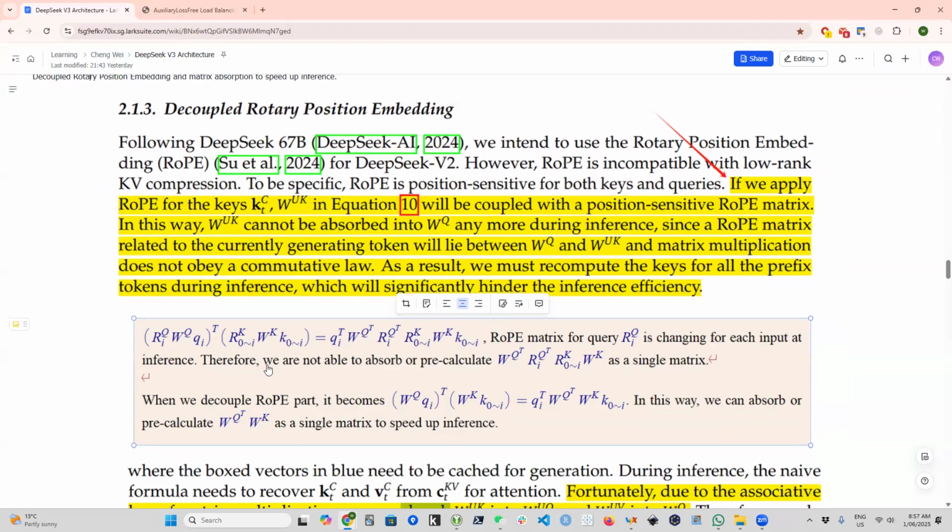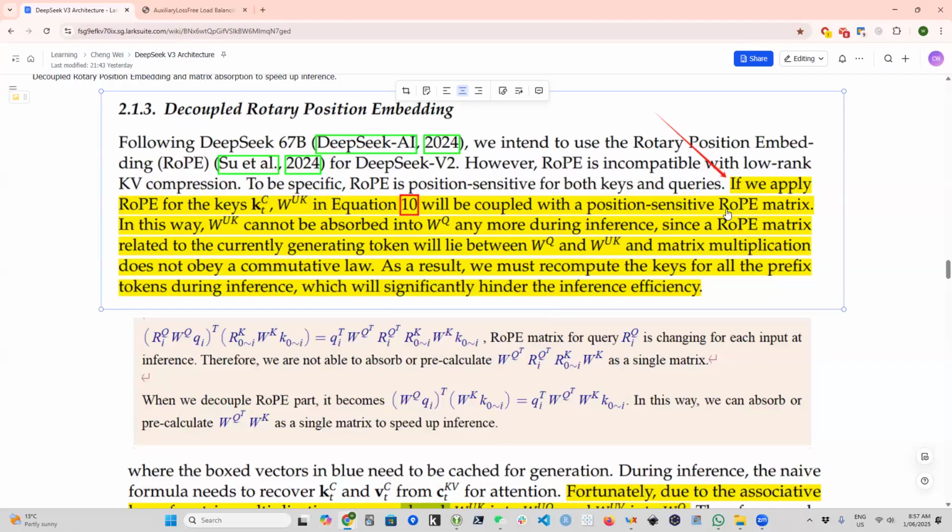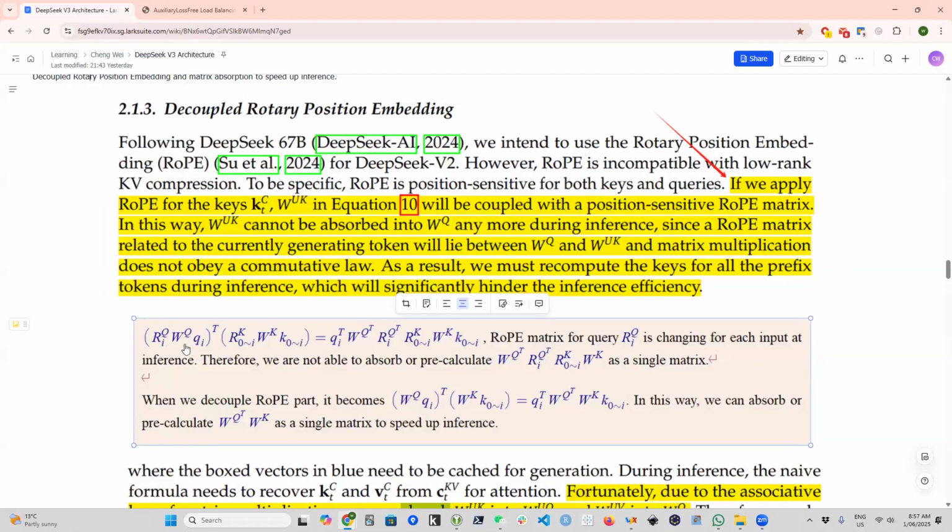Let's see. I put an example here. For the attention, we are doing this: the nope matrix for Q, and the rotary position encoding matrix for Q, for query. Normally for attention, we do the Q part dot the key, right? So what is Q?